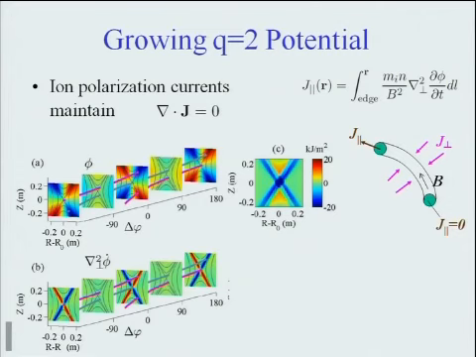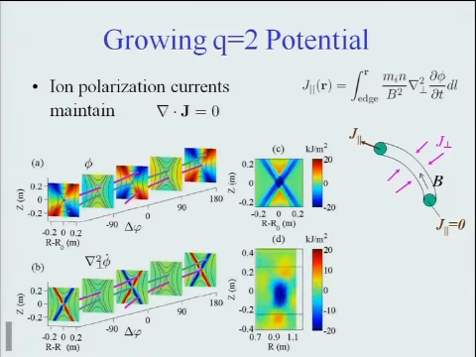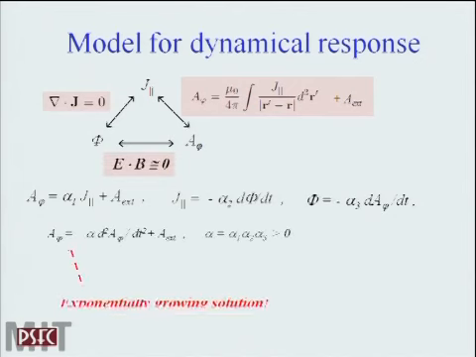So in this case, you find that as the potential builds up, you get a negative change in the current, whereas in the 2D case, you get a positive change. So it's the symmetry breaking that causes a change in sign in the parallel current you get when the potential builds up.